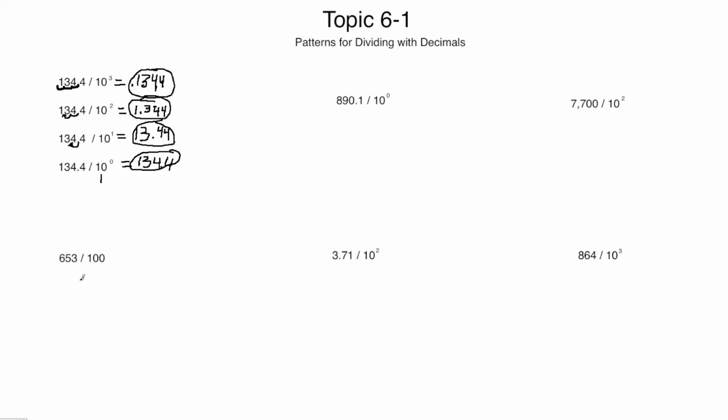Well, if you had $653, always know that the decimal is to the right of any whole number. You don't see it, but it's there. So that means we need to do 2 butt cheeks to the left. And the new decimal point goes between the 6 and the 5. So our new quotient is 6 and 53 hundredths.